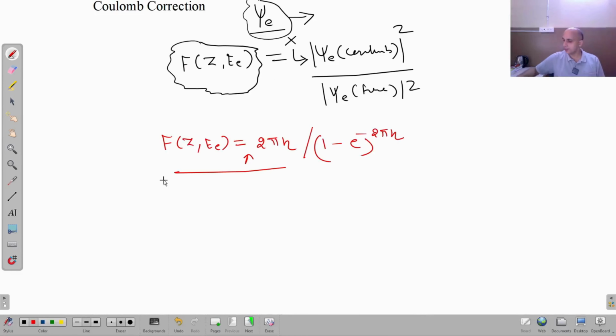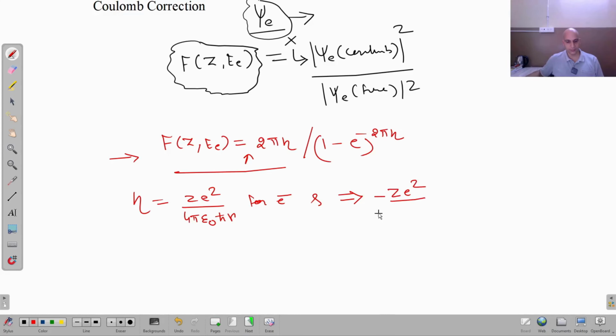Here in this expression, η = Ze² / (4π ε₀ ħ ν) for electrons, and it is equal to −Ze² / (4π ε₀ ħ ν) for positrons.